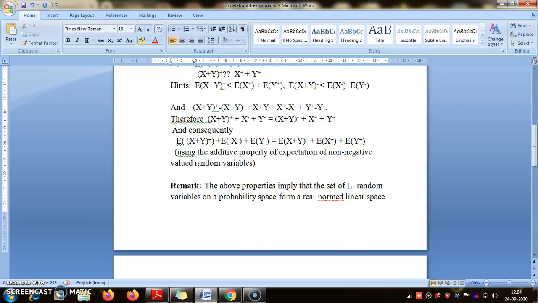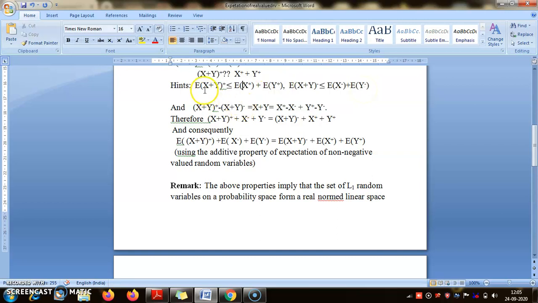And these are non-negative valued random variables. Again, by properties of non-negative valued random variables, you will have this inequality. And so if x and y are integrable or L1, that will mean that all these four terms, the expectation of x plus, of y plus, of x minus, and of y minus, are finite.